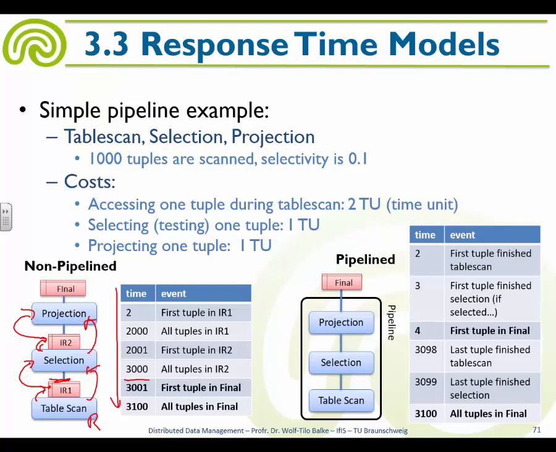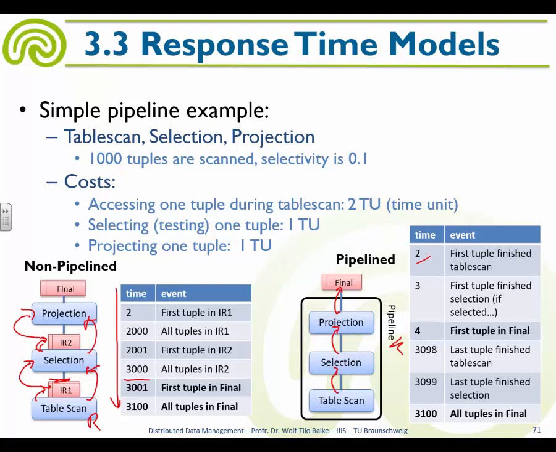So at some point, sequentially processing that, it will arrive at the user. If you build it with a pipeline, every tuple that is built here goes into the selection, and every tuple that is produced here goes into the projection, and every tuple that is ready goes into the final output, right?